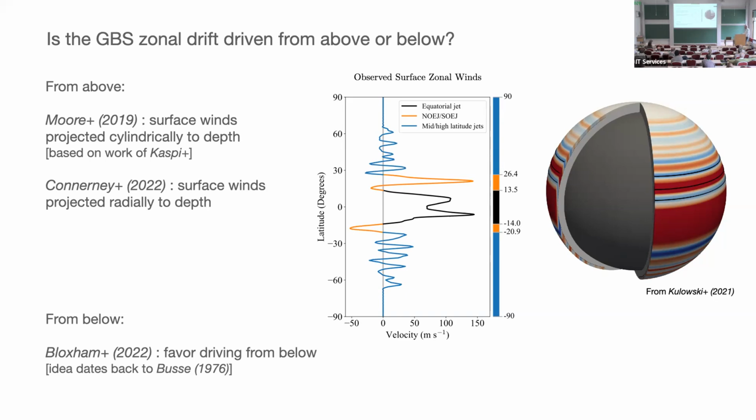But in dynamo models, we find that they're characterized by strong prograde jets near the equator. So equally well, this could be driven from below. I guess the bottom line here is that there's a lot of prograde super rotation in Jupiter near the equator, and it's hard to distinguish where it's coming from.